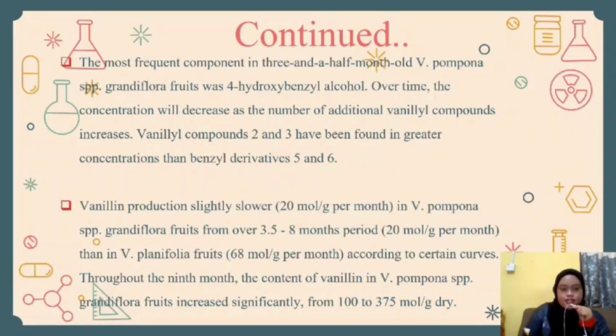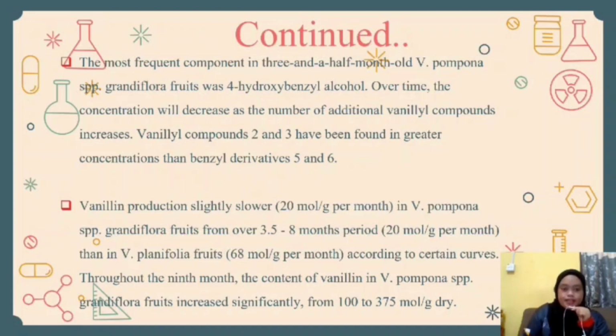Next, vanillin production is slightly slower, at 20 µg per month in V. grandiflora fruits over the 3.5 to 8 month period, than in V. planifolia fruits, which is 68 µg per month according to a certain group.